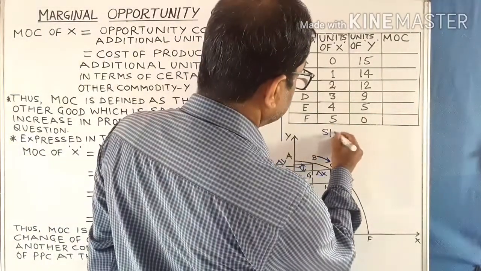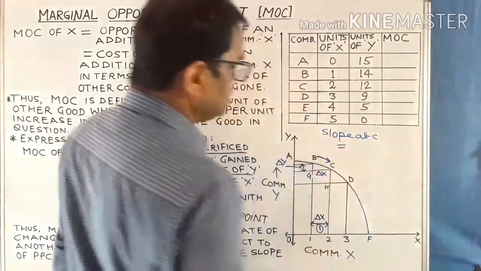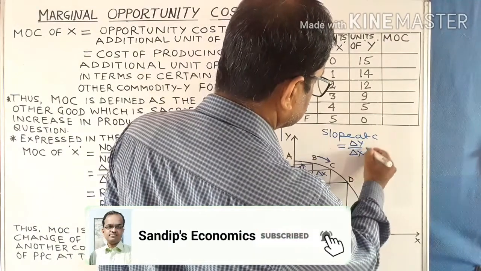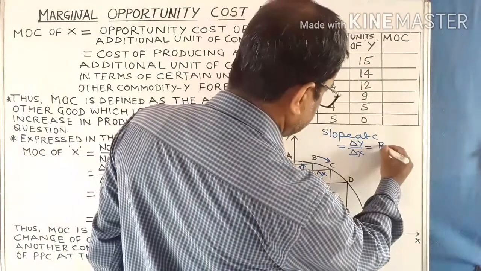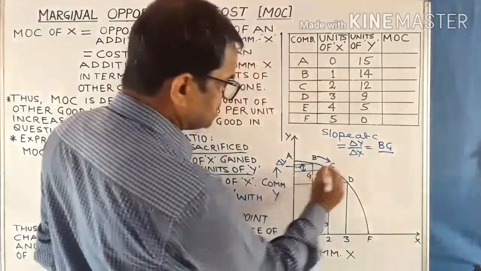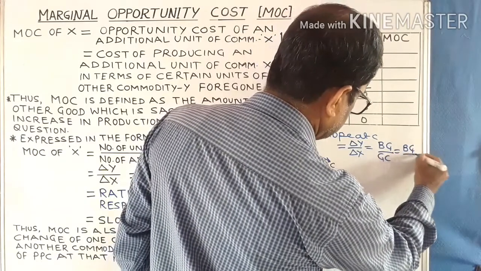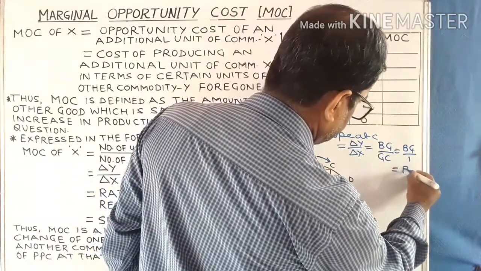Whenever we measure the slope at C, the slope at C is equal to delta Y by delta X. What is delta Y? That is BG. And what is delta X? That is GC. This is equal to BG, and delta X is taken to be equal to 1, that is BC.